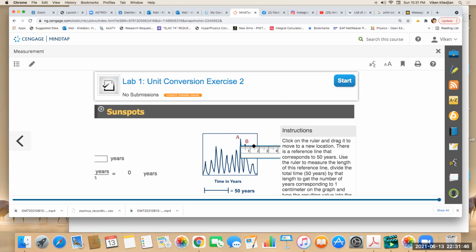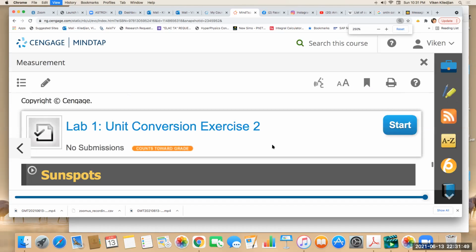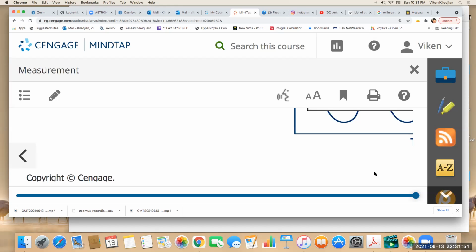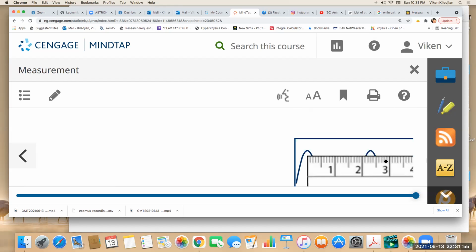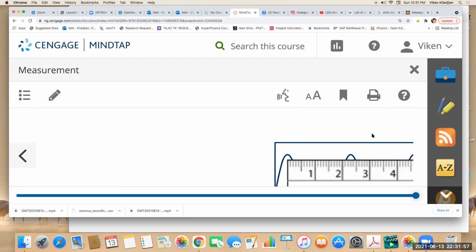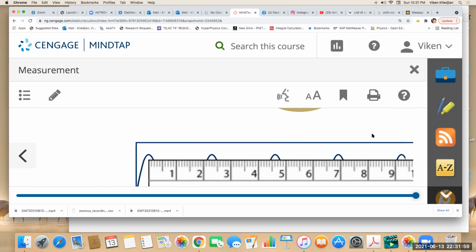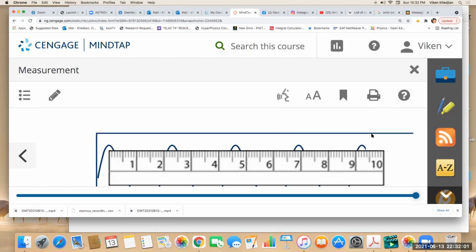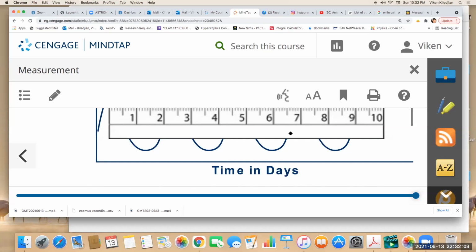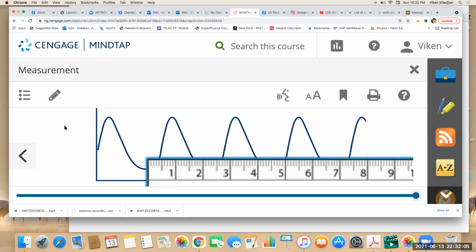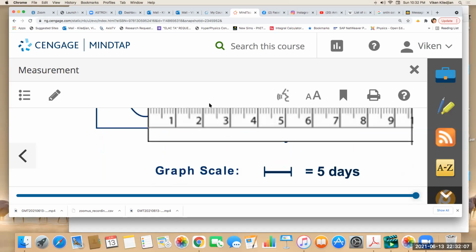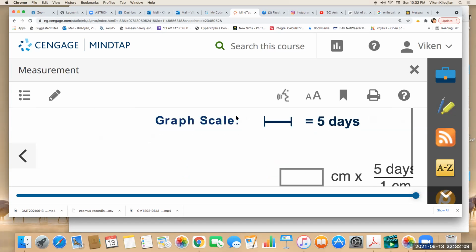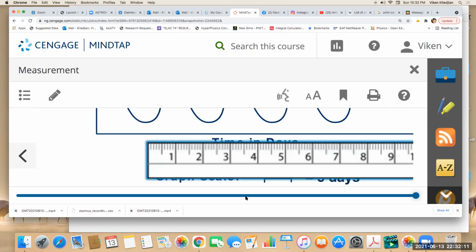Let me press control plus, plus, plus, plus. Oh, the ruler went all the way up.